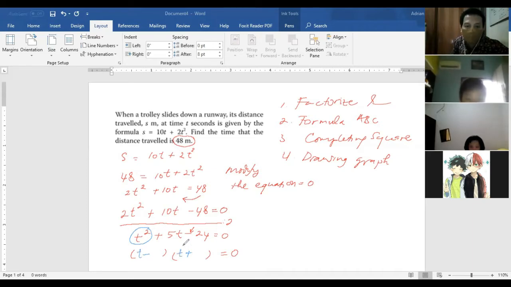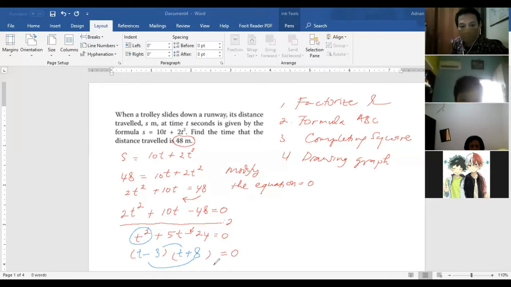So what about the factors of 24 where the result is positive 5? What do you think? I think here, 8 and 3, right? Can you check it? How to prove that? T times 8, 8t, minus 3 times t, minus 3t. So you get 5t, correct?